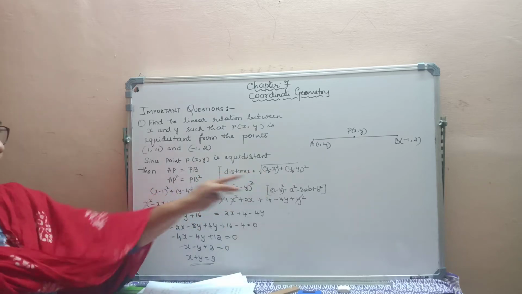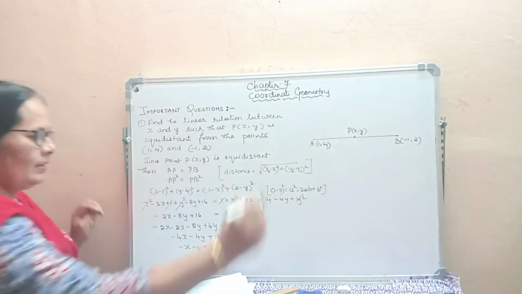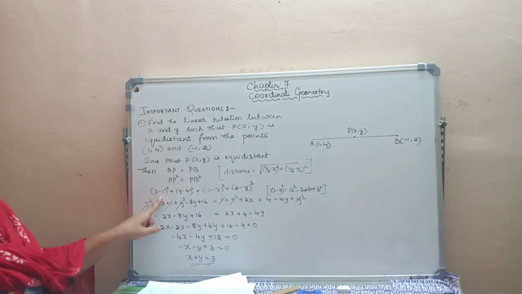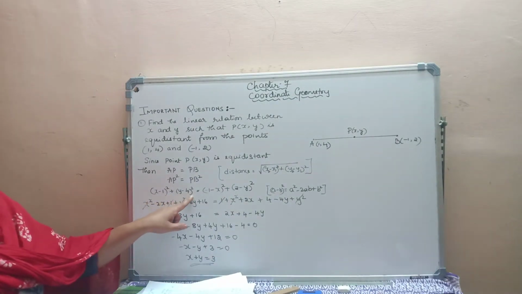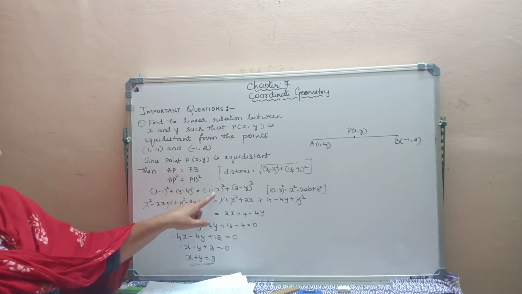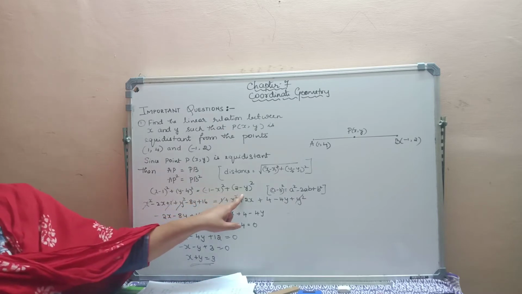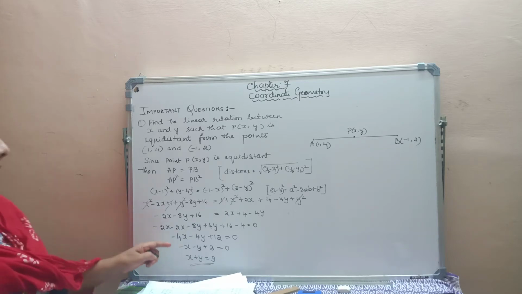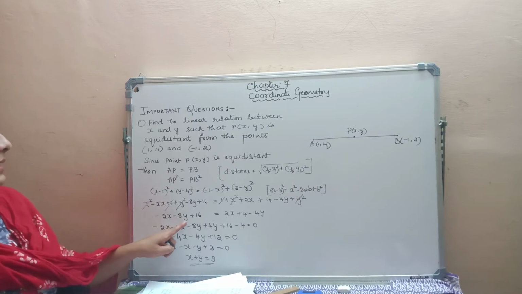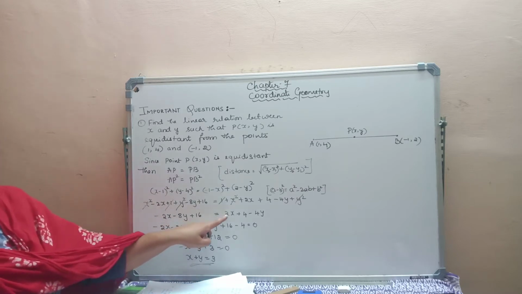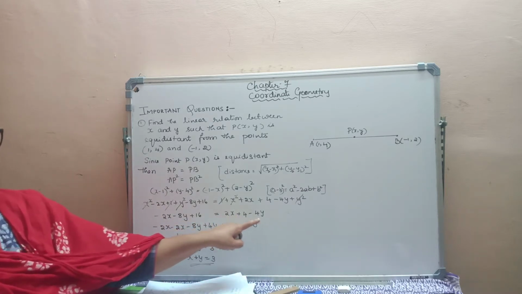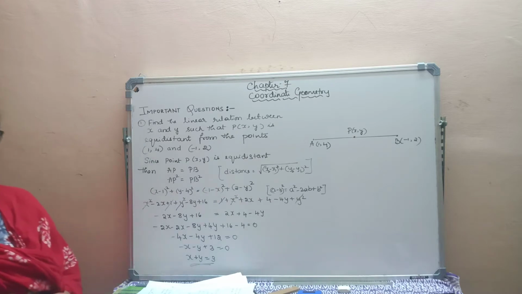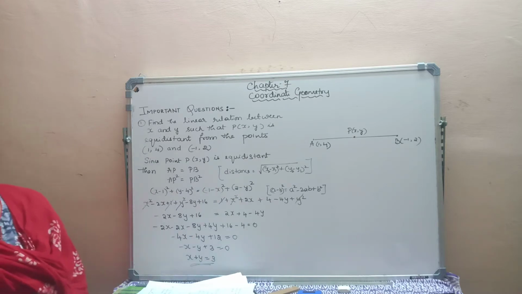So apply the distance formula. Then x minus 1 whole square plus y minus 4 whole square equals minus 1 minus x whole square plus 2 minus y whole square. Expand this using the identity a minus b whole square. You will get minus 2x minus 8y plus 16 equals 2x plus 4 minus 4y. On simplification, you will get x plus y equals 3.